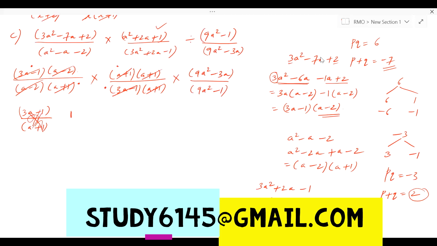Perfect. Good. So now the next step is to factorize, so it will be 3a and then 3a minus 1, over 9.